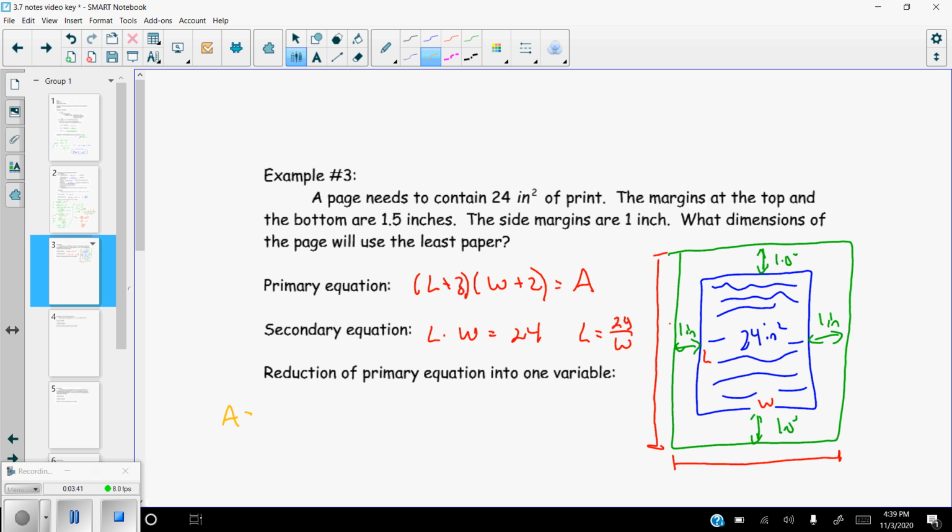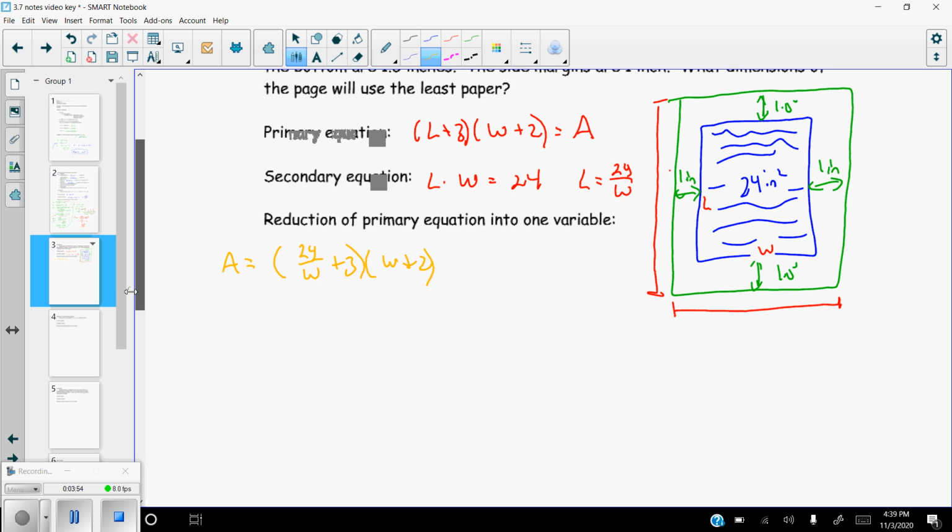So we're going to get that A equals 24 over W plus 3, times W plus 2. Okay, now I've got a primary equation which is down into terms of one variable.